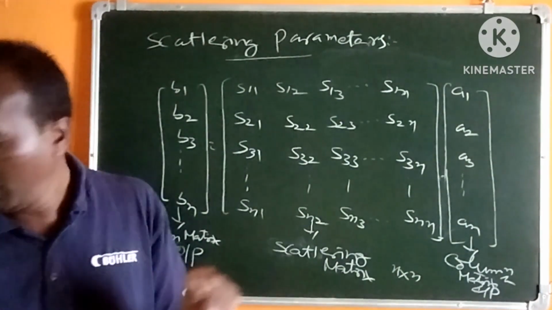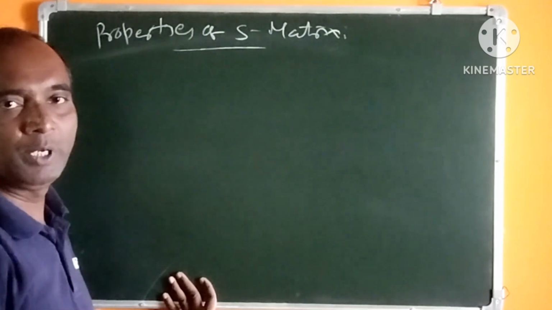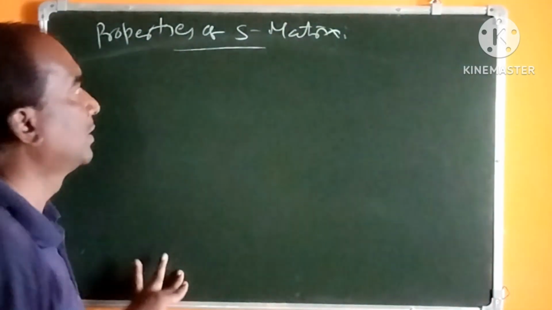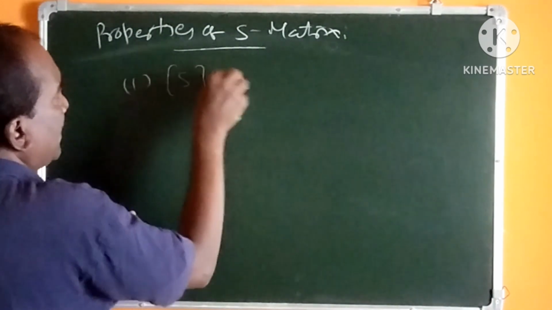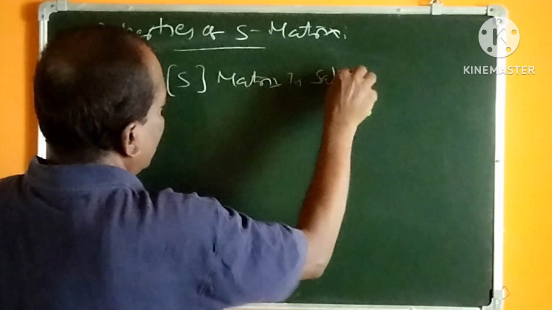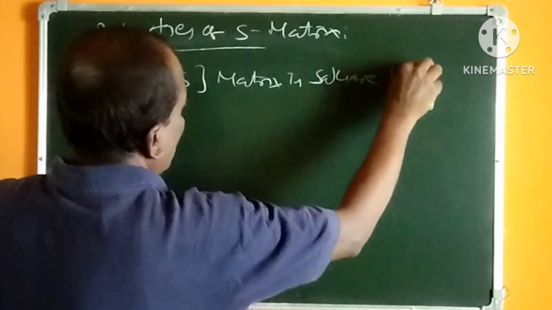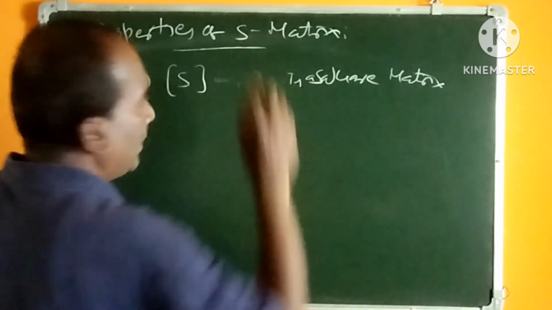Now the properties of S matrix. First one, S matrix is a square matrix.